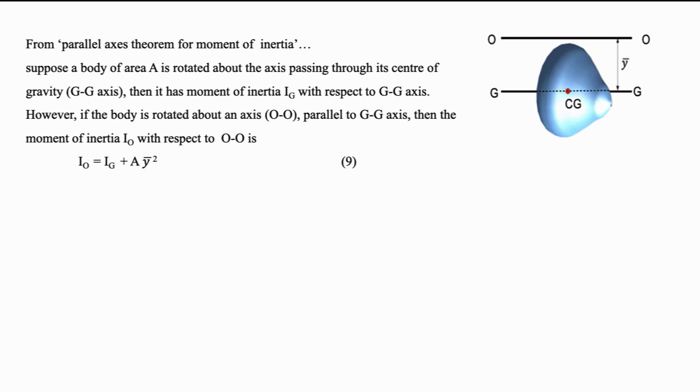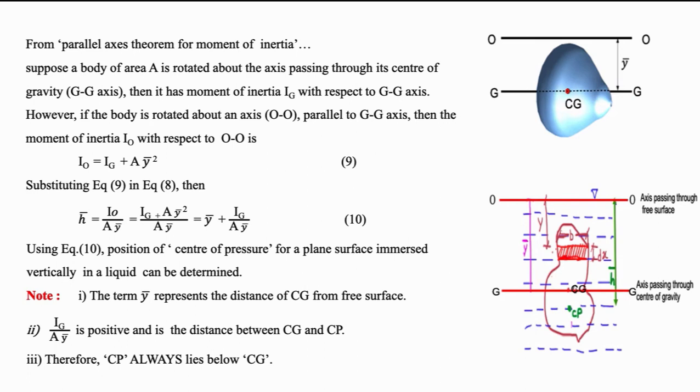However, if the same body is rotated about an axis OO which is parallel to the original axis GG, then the moment of inertia of this body with respect to the new parallel axis OO is given by I naught is equal to Ig plus A y bar square. Substituting equation 9 in equation 8, we get h bar is equal to y bar plus Ig by A y bar. Using equation 10, the position of center of pressure can be determined.